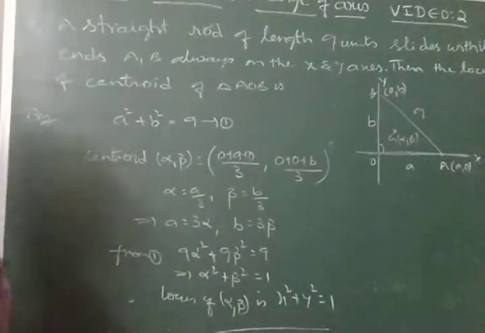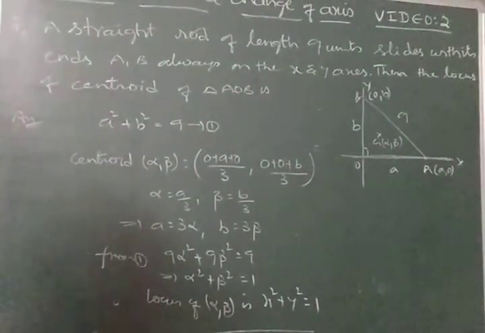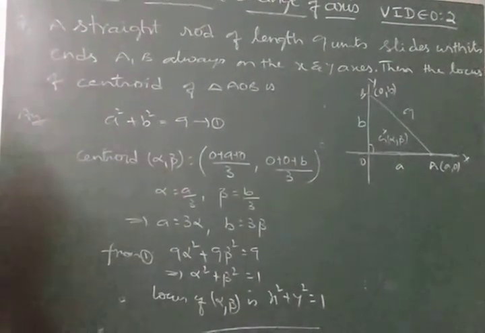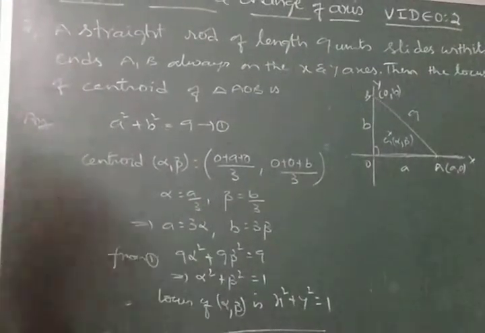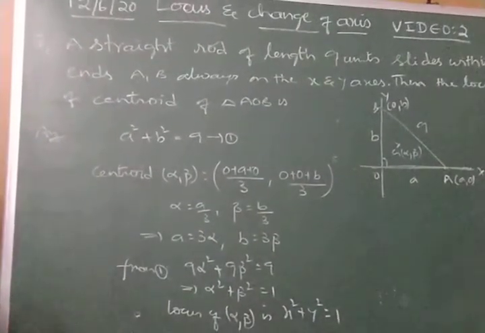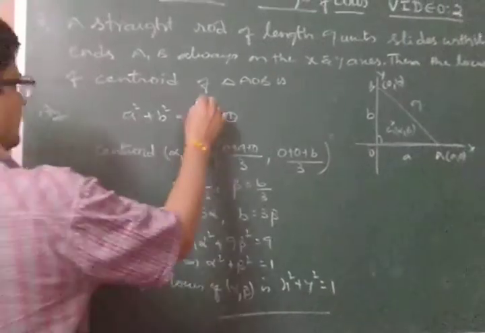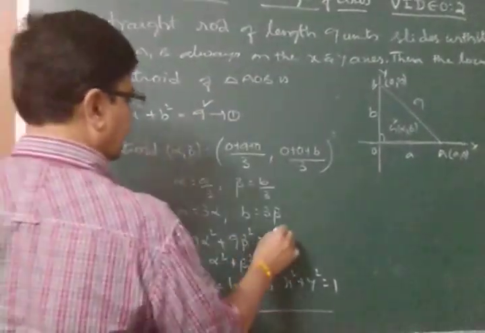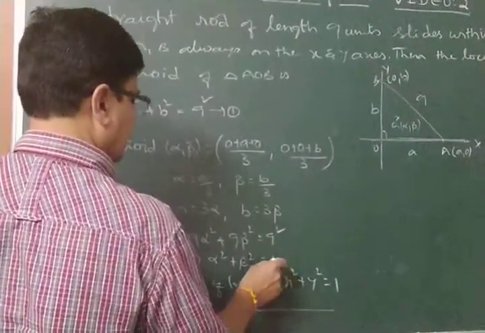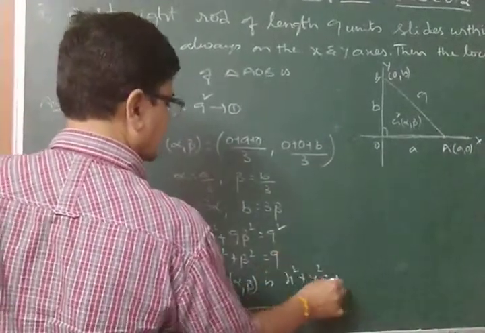That is the required locus of the centroid of the triangle. There is a small mistake, it is 9 squared, so this is 9.